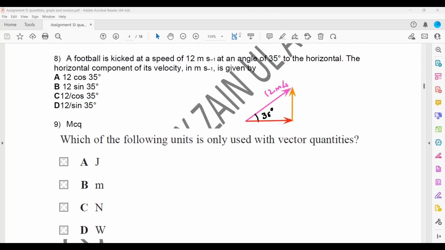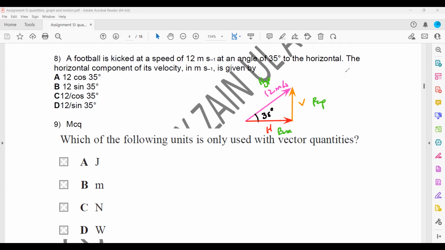It means it will make a right angle triangle. When we combine the horizontal component and the vertical component, this will make a closed figure, a right angle triangle. So we can use the trigonometric ratios. This one is the hypotenuse. This one is the perpendicular and the horizontal component is the base.